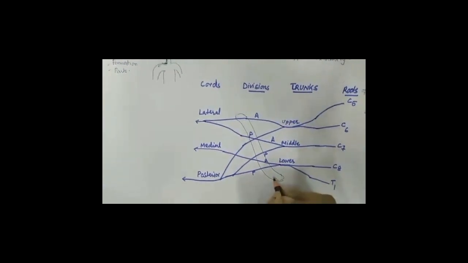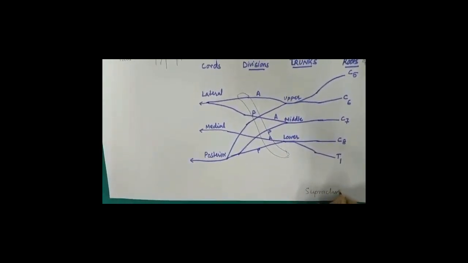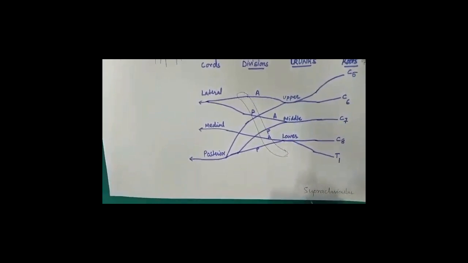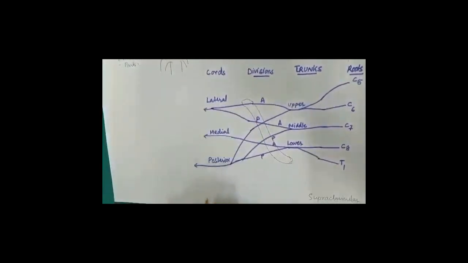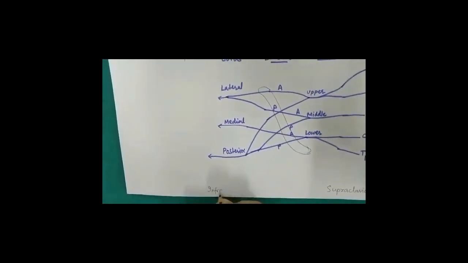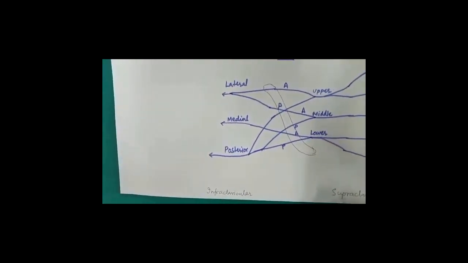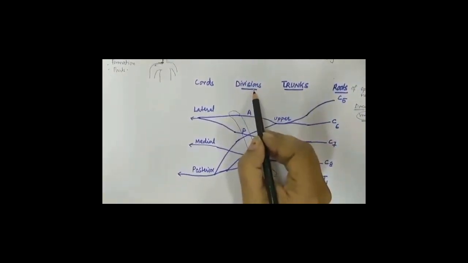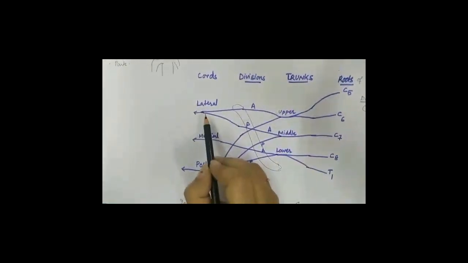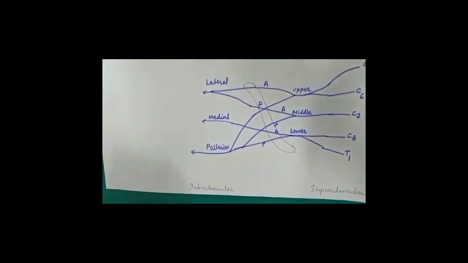So the part above the clavicle, that is your roots and trunks, is called supraclavicular part of the brachial plexus, and beneath the clavicle the part is called infraclavicular part. So we can say in the supraclavicular part of the brachial plexus we have roots, trunks, divisions and their branches, and in infraclavicular part we have divisions, cords and their branches.